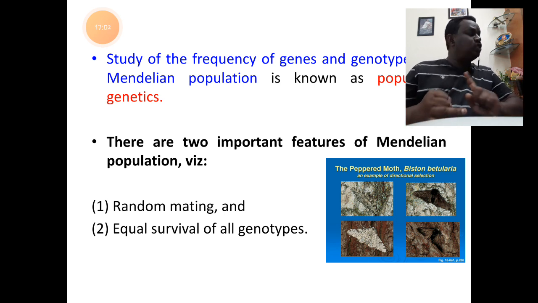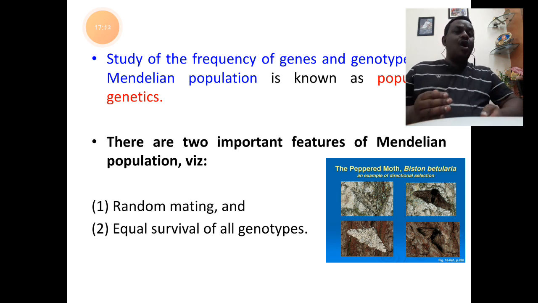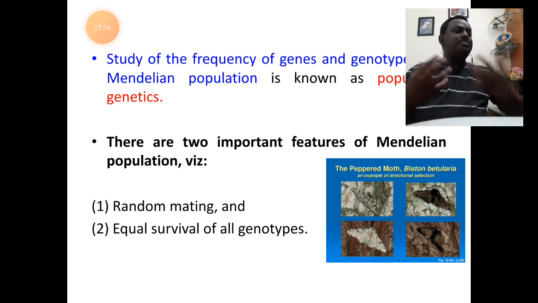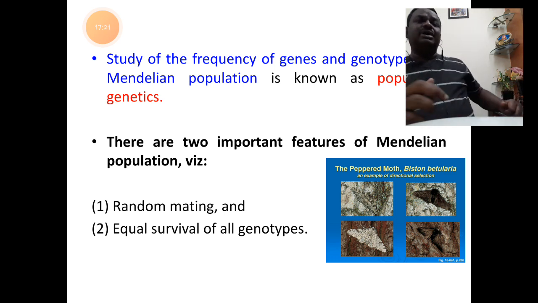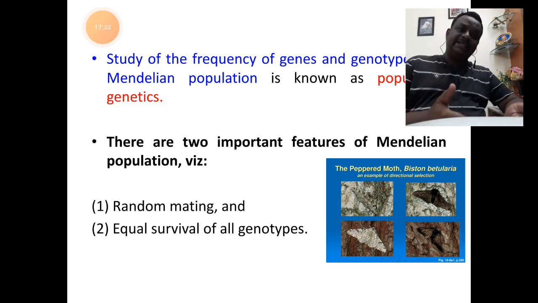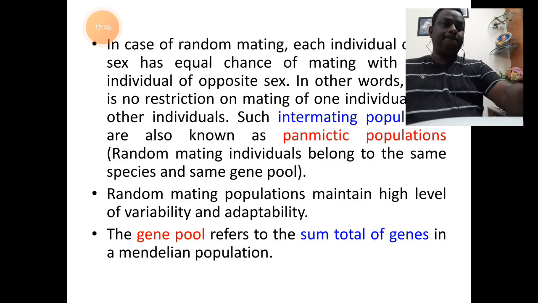Number two, genotypes are also not barriers. So we have random mating amongst the individuals of a population, and all genotypes are randomly picked up. So specificity of genotypes is not selected. Such a criterion is exactly what we find in a Mendelian population.